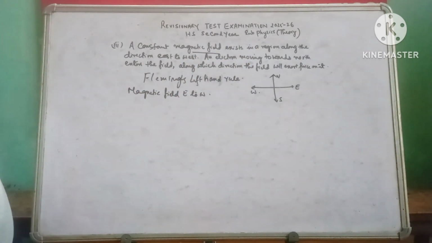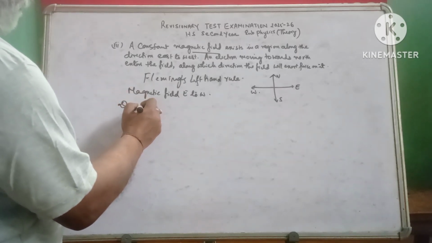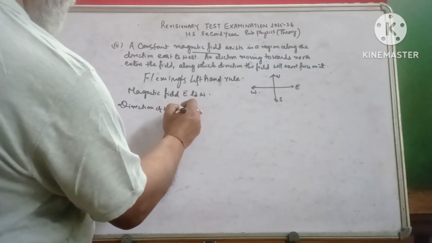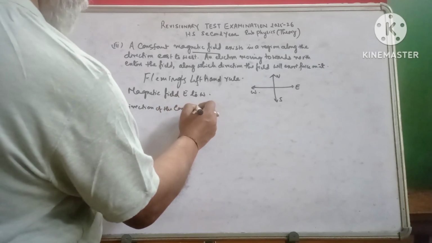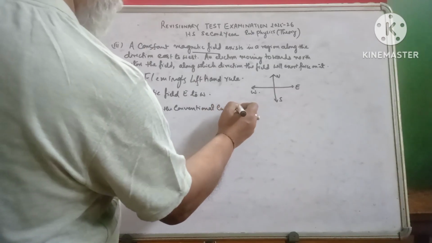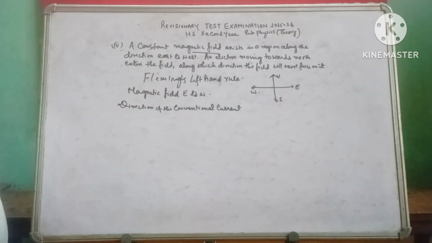That means the direction of the conventional current will be opposite to the direction of the electron.